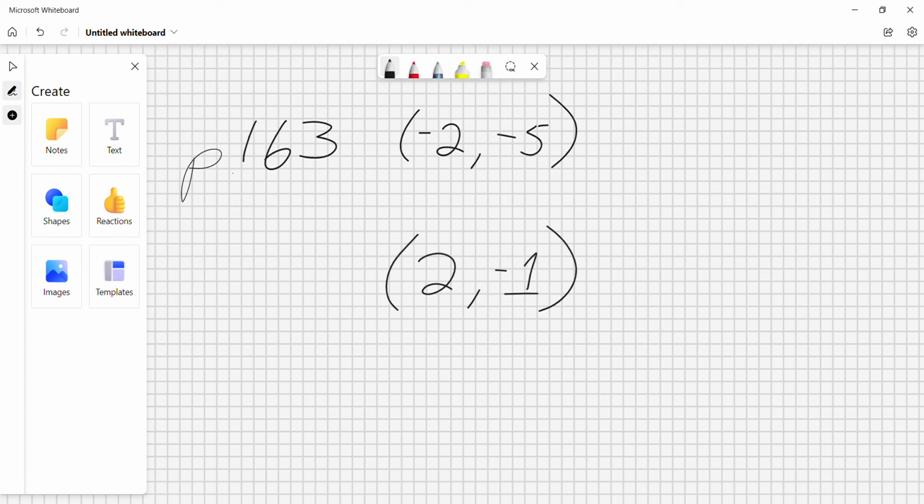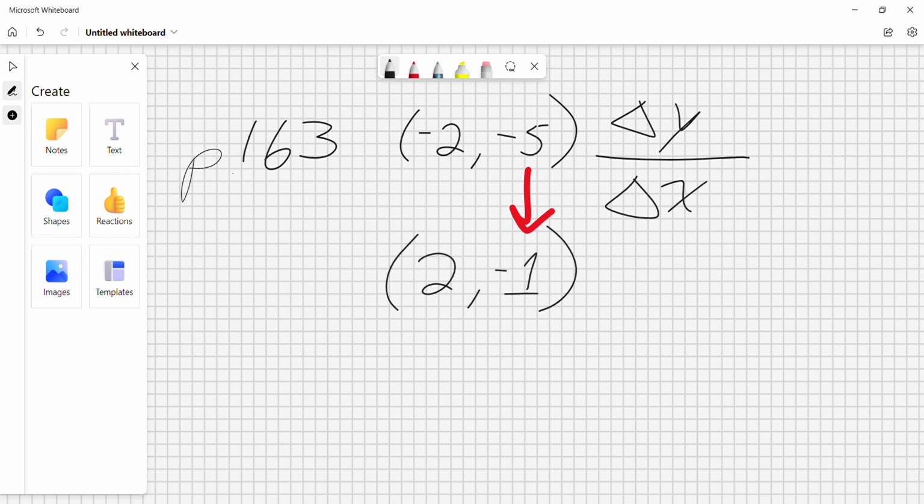You can write out that massive fraction if you want to. I like to just do it this way. So rise over run. Rise is the change in y, the delta y. If you want to be fancy, you can use delta to represent change in. Change in y divided by the change in x, that's the slope.